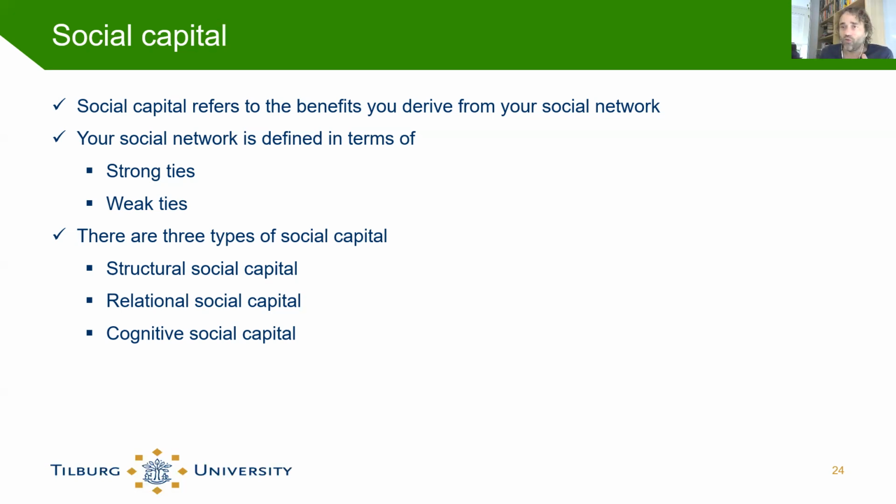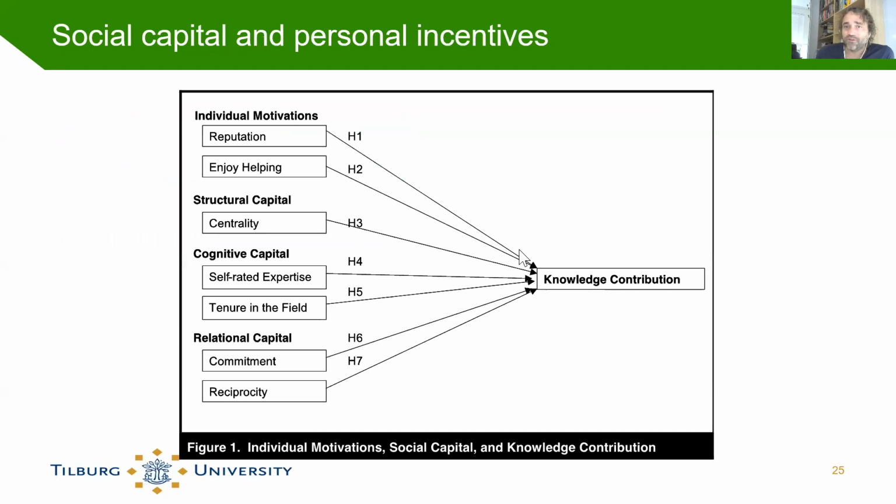And if you can enhance that social capital, people will be more willing to work with each other. They will be more willing to share knowledge with each other. So what you want to do as an organization is increase that social capital. So see if you can create connections between people. And there are 3 types of social capital.